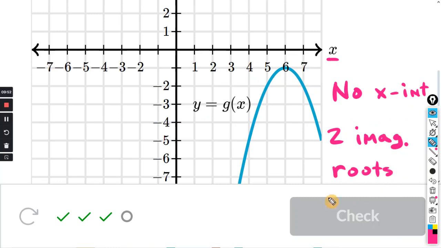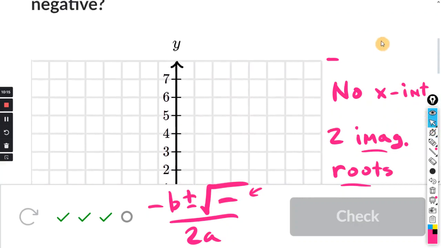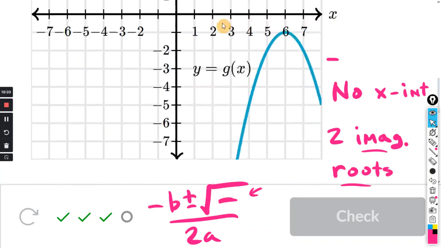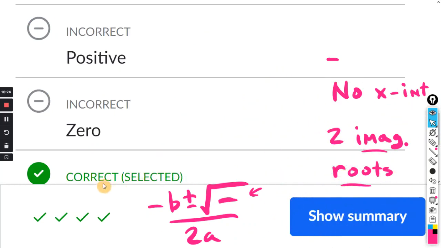And what does that mean? That means you have negative B plus or minus the square root of a negative all over 2a. In order to get imaginary roots, the square root part, or the discriminant, has to be negative. And you'll get no x-intercepts. So what did they ask? For the discriminant, positive, 0, or negative. Well, clearly it's negative. So if we go to the choices, answer C, negative.